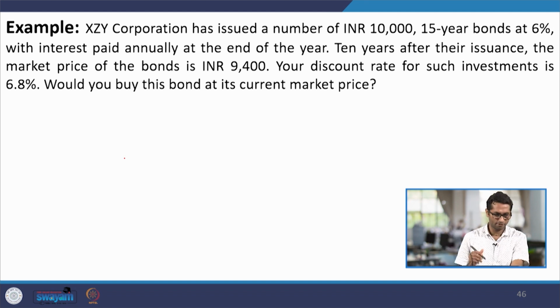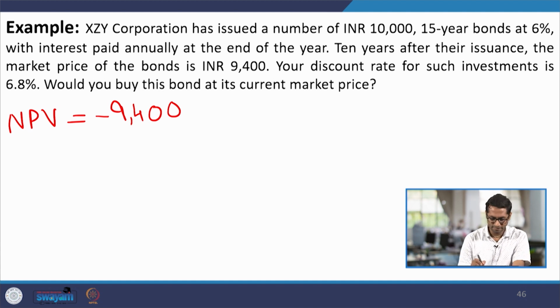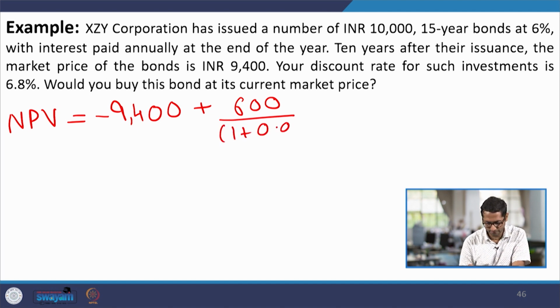If we would want to calculate the NPV, the first thing is we would have to make a payment of around 9,400 today for buying the bond. Then I would be getting an interest of 6%, which would be 600 rupees on a yearly basis. That starts from the next year. So, it would be 600, and I divide that with 1.068, which is my discount rate for these kinds of investments.